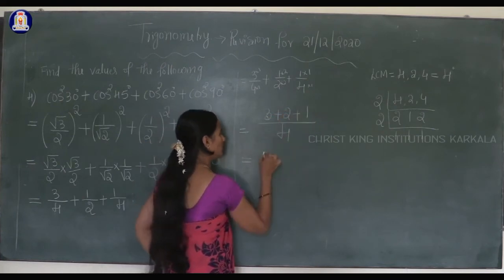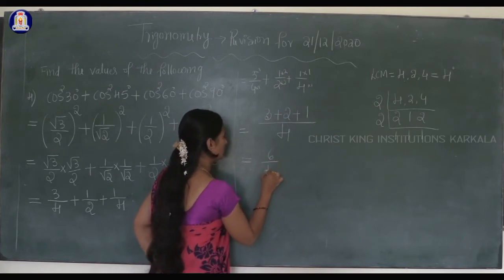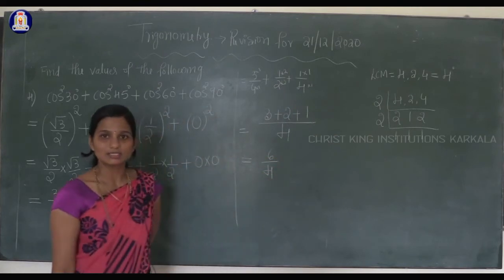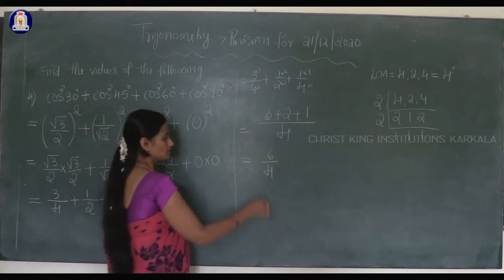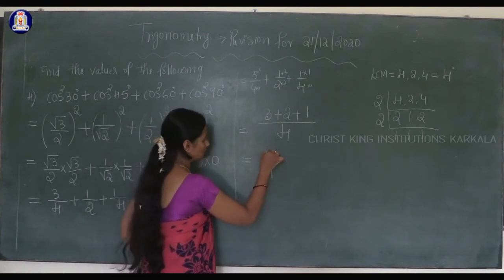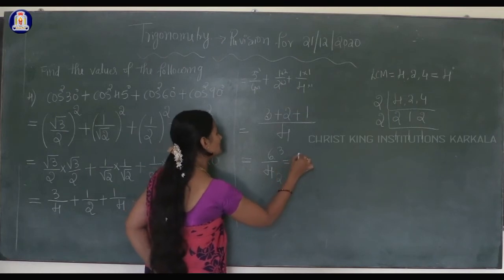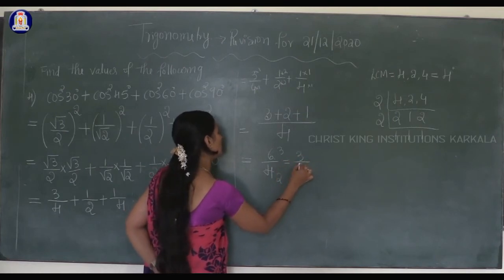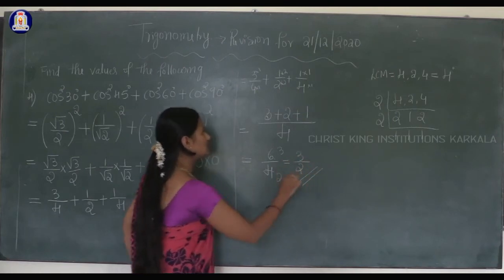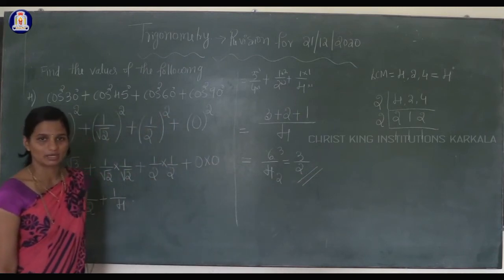5 plus 1 is 6 divided by 4. 6 divided by 4. So can you cancel here? Yes. 2 3s are 6, 2 2s are 4. So it is equal to 3 divided by 2.